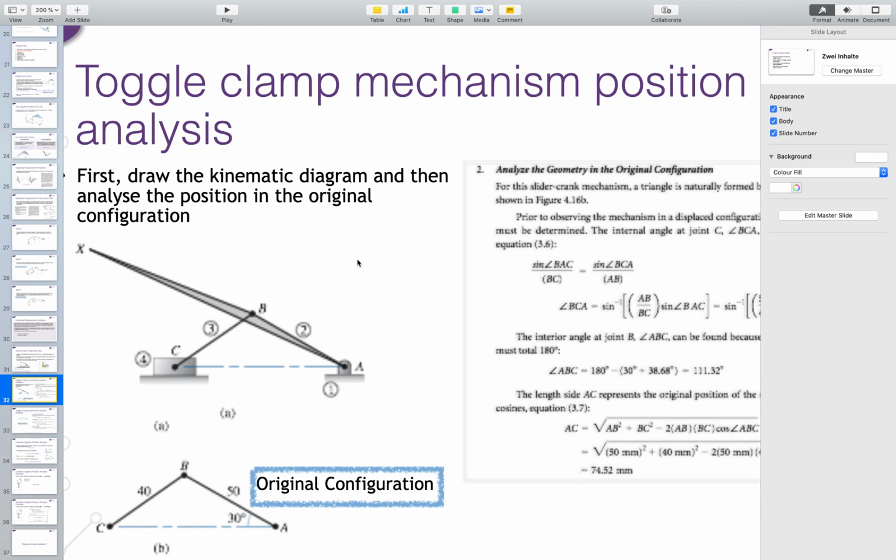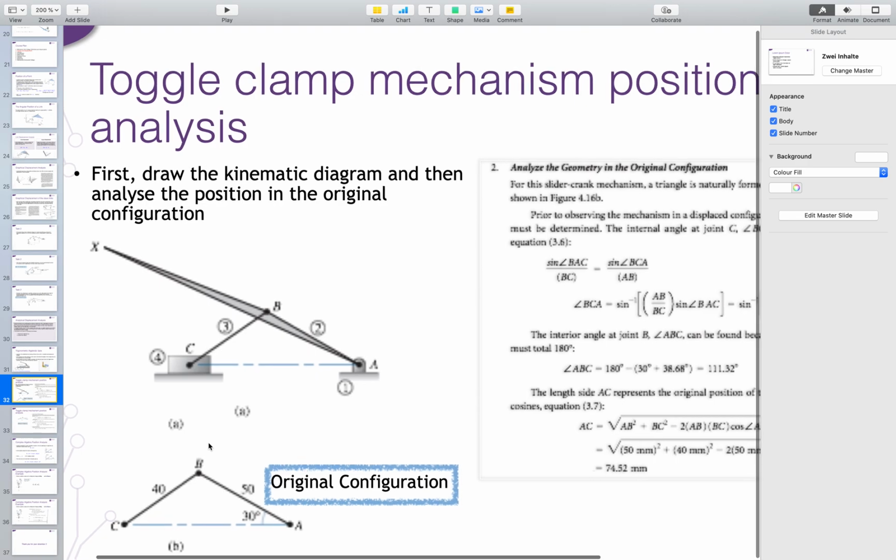If we look here at the formula on the right side, we have the mechanism and our first triangle, which has a 30-degree displacement, or let's say initial position. We know that the dimension between C and B is 40, and between A and B is 50.